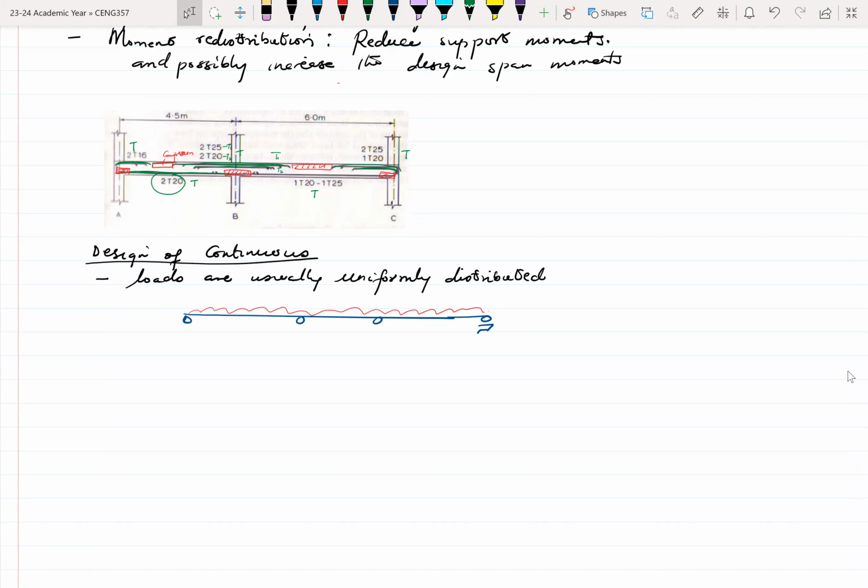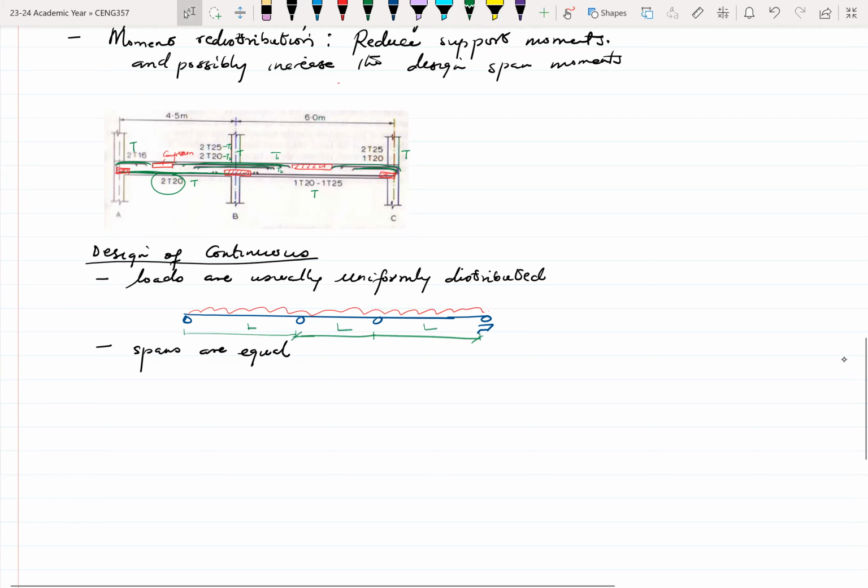So the loads are usually uniformly distributed, and the next point is that the spans are equal, or large spans are equal. So this L, that L, and this L are the same.